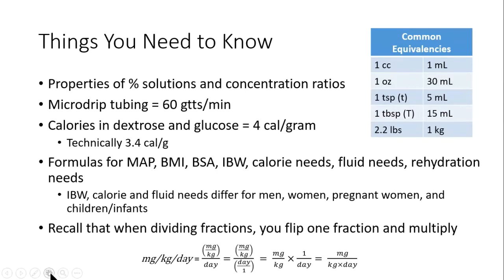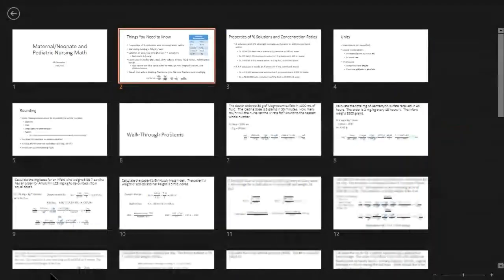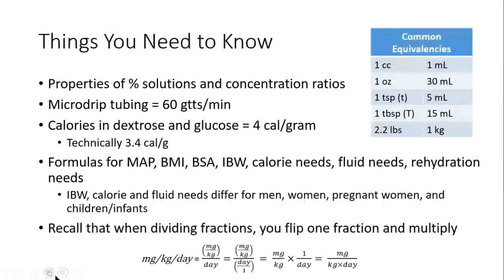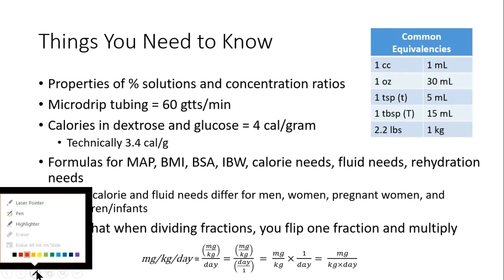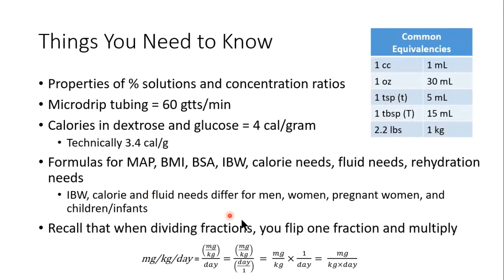Remember that whenever you have a whole number, it is the same as having a 1 in the bottom. So you can rewrite day as day over 1. Then flip this bottom fraction into 1 over day, and just multiply across. So milligrams per kilogram per day becomes milligram over kilogram times day.